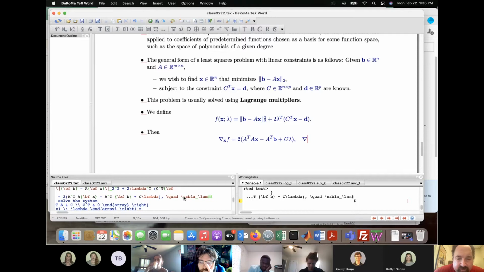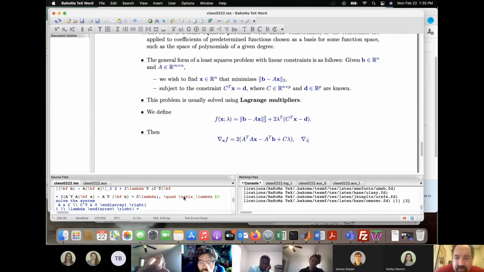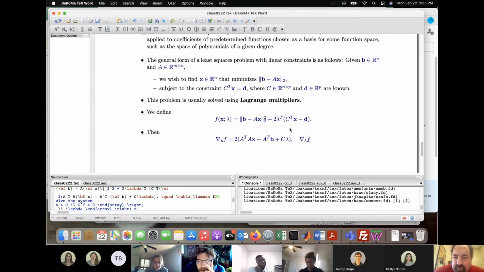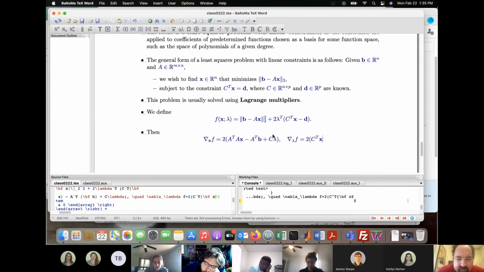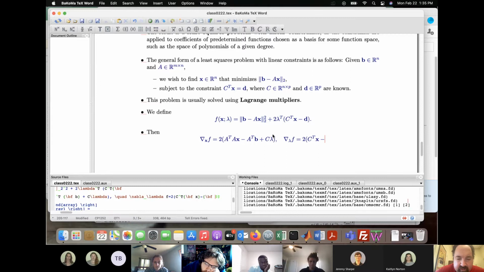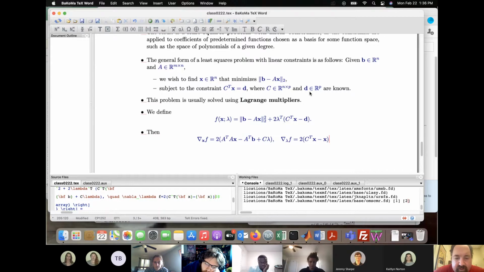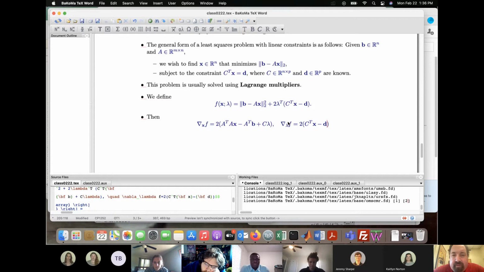So if we take the partial derivatives of f with respect to the lambdas, you get nothing from here, and then here you're going to get 2 times C transpose x minus d. d, not x.